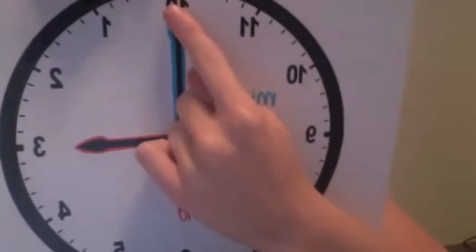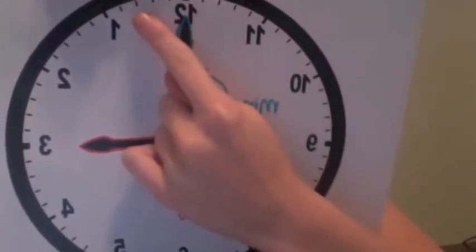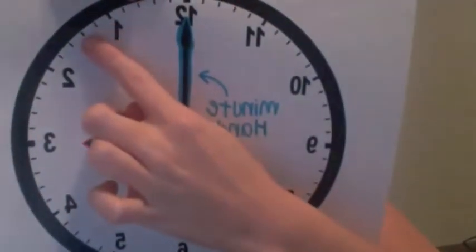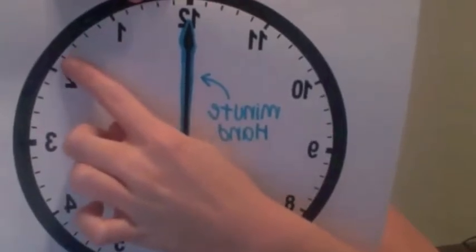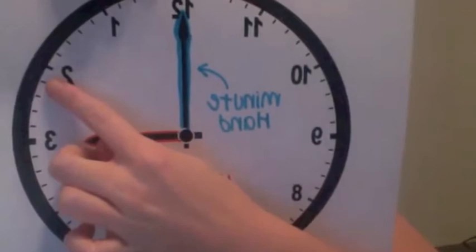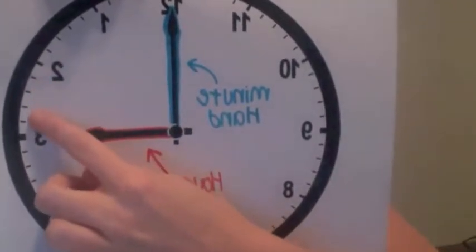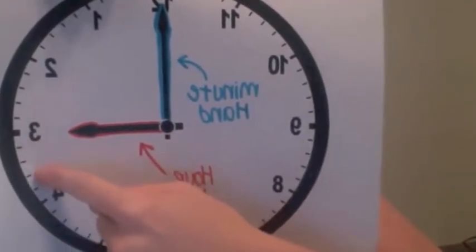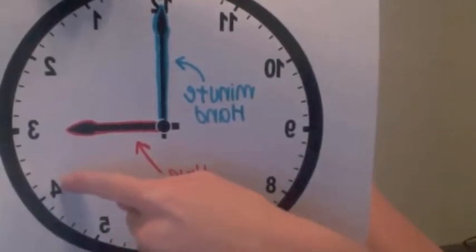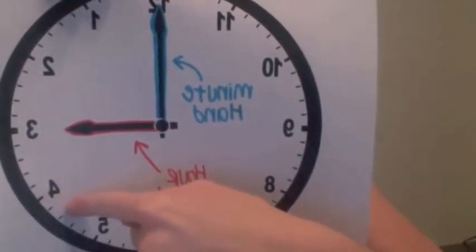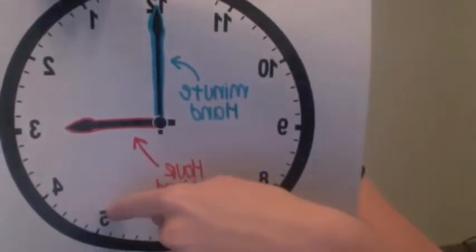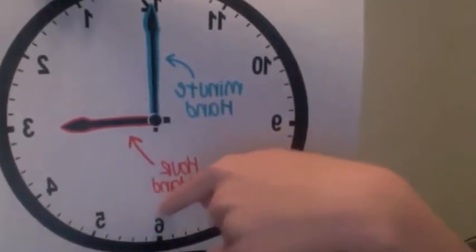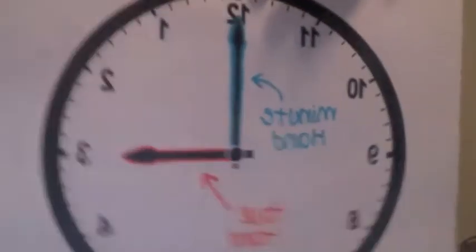So we're at 1, 2, 3, 4, 5, 6, 7, 8, 9, 10, 11, 12, 13, 14, 15, 16, 17, 18, 19, 20, 21, 22, 23, 24, 25, 26, 27, 28, 29, 30. Now can somebody tell me what we just did?